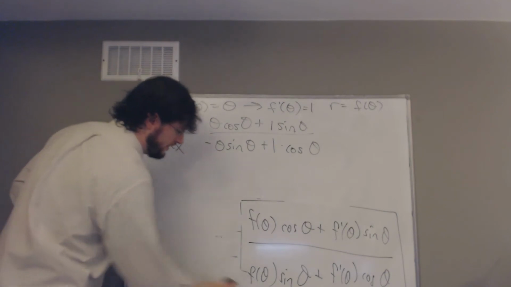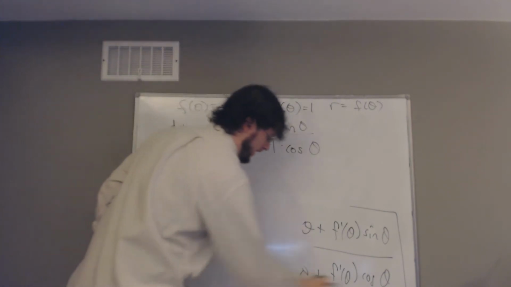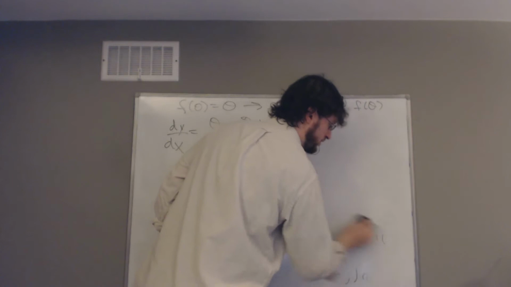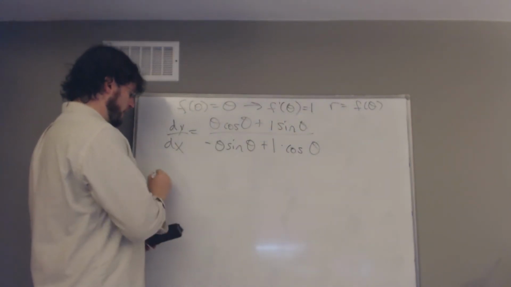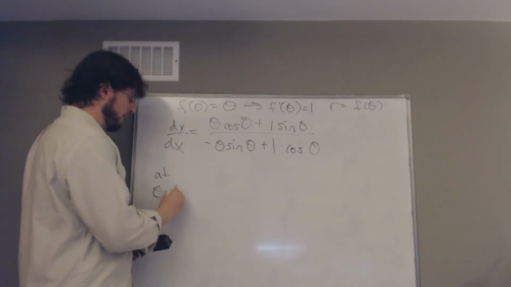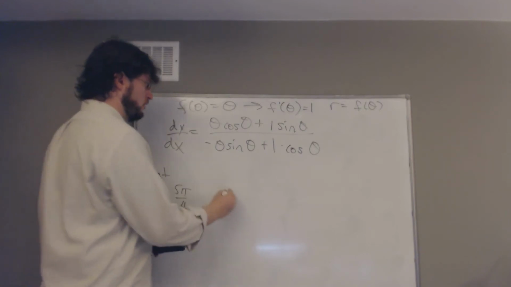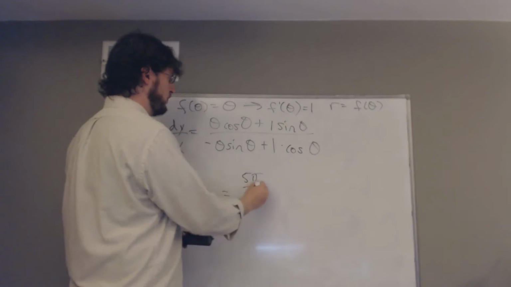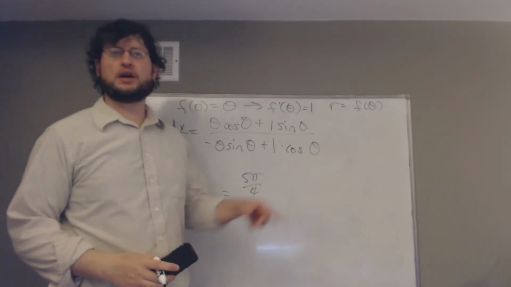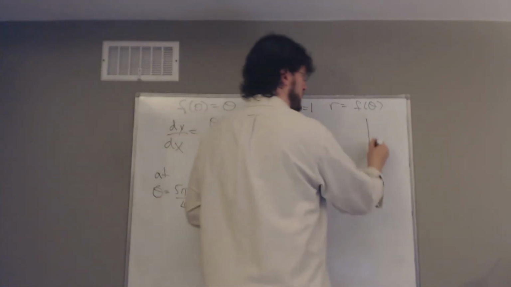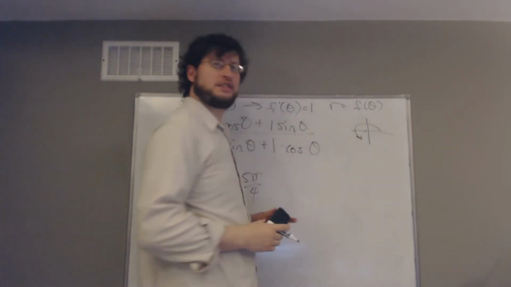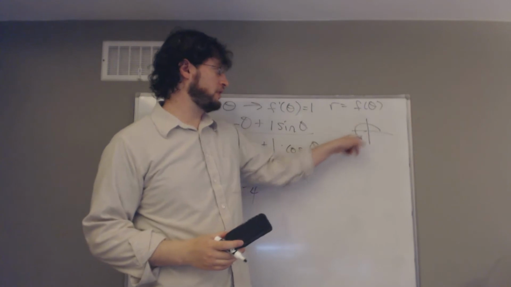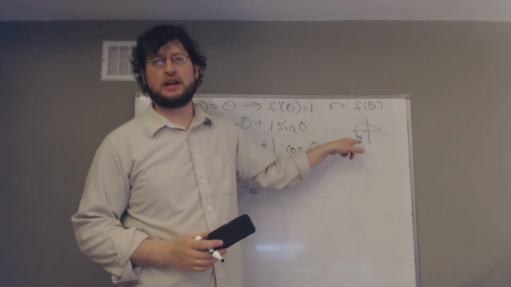We were asked to find the tangent line of our function at a particular point, at the point 5 pi over 4. So at theta equal 5 pi over 4, we get 5 pi over 4 cosine of 5 pi over 4. 5 pi over 4 is way down here. Cosine is the x, and so that's really a 45-degree angle down in there.